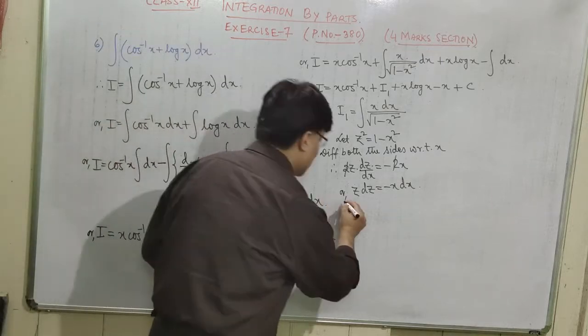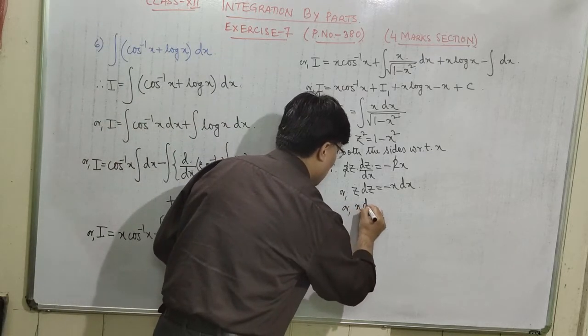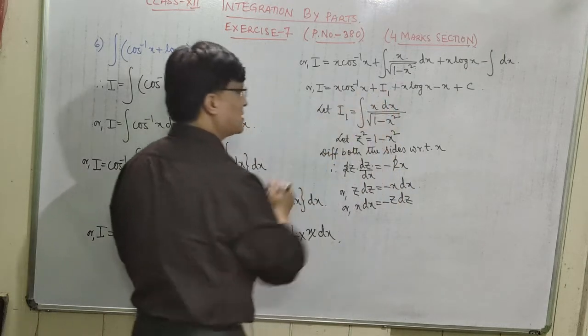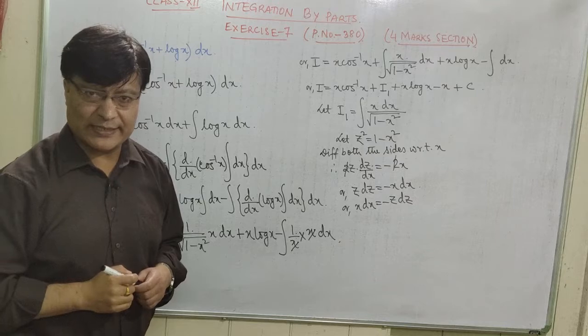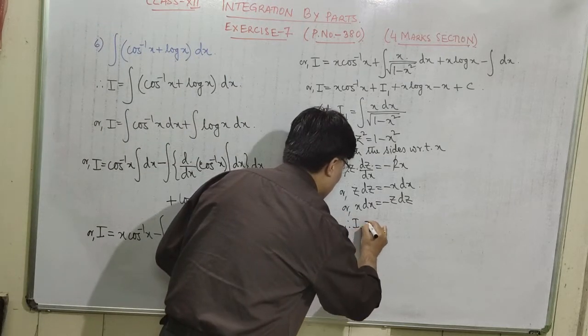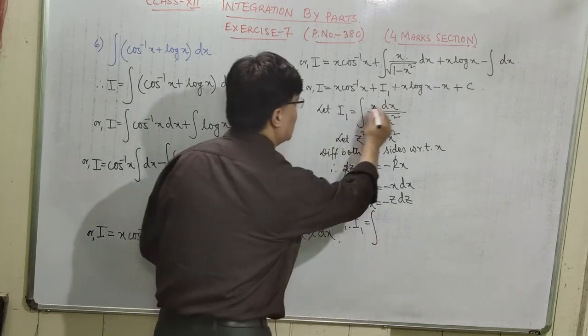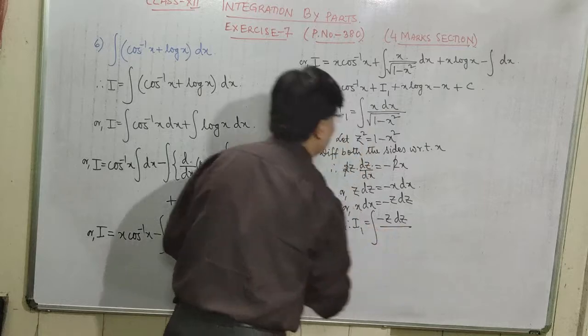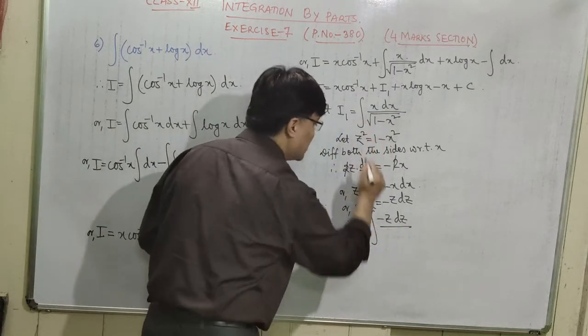So what is the value for x dx? x dx is equal to minus z dz, because you have to get the value for x dx. Is that clear? So what is I1 now? So I1 is equal to integration of, what is x dx? Minus z dz divided by, what is square root of z square?